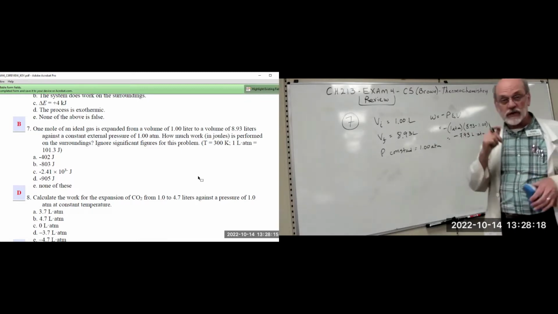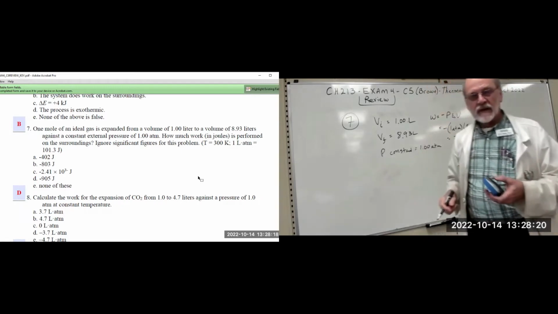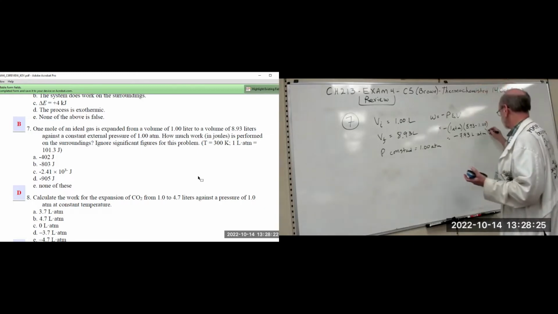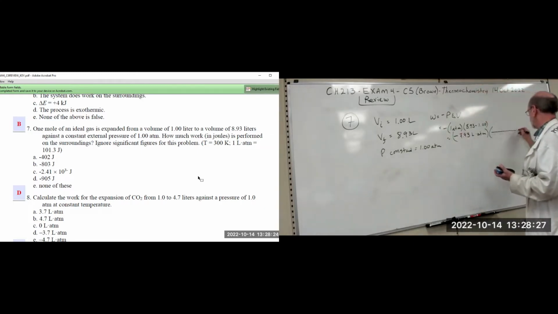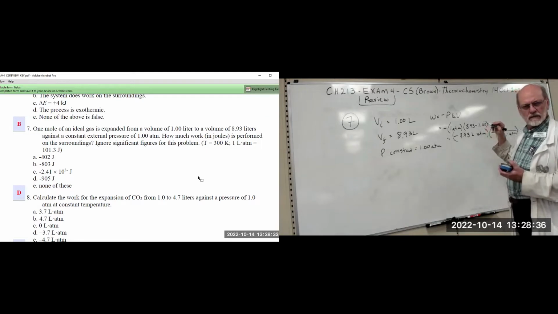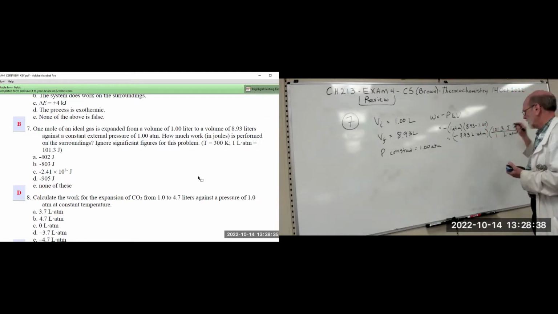But those are the wrong units. What's the conversion factor? 1 liter atmosphere is equal to 101.3 joules.